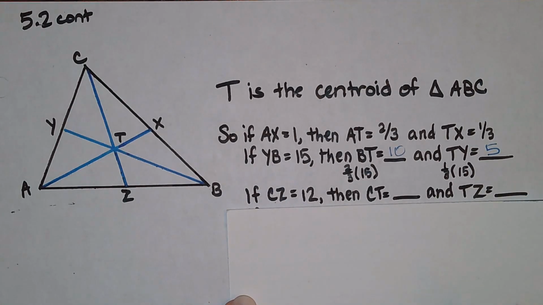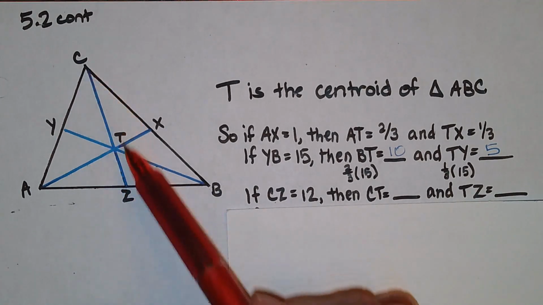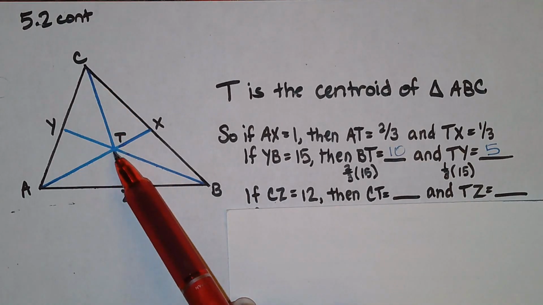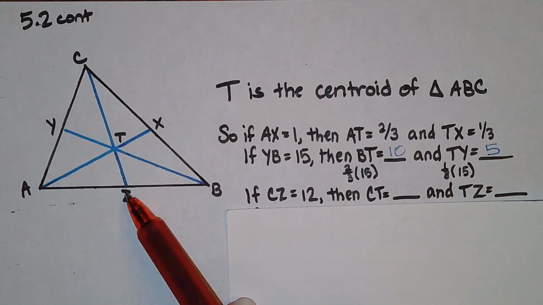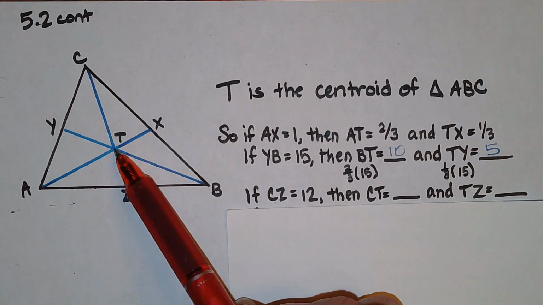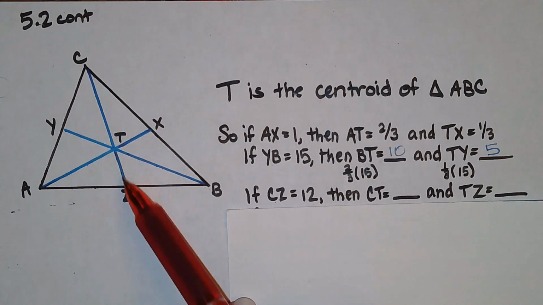If CZ is 12, then what are CT and TZ? If this whole segment is 12, how long is CT and how long is TZ? Again, remember, from the vertex to the centroid is 2/3 of the whole distance, and this is 1/3 of the whole distance.